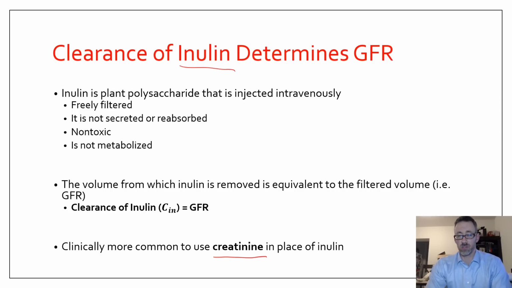So there's a little bit of secretion. There's not much, but it's enough to offset the GFR a little bit. So it's not perfect, but we do tend to use that more often than not in clinical settings. All right, so clearance of creatinine in the clinic is often used to represent our GFR.